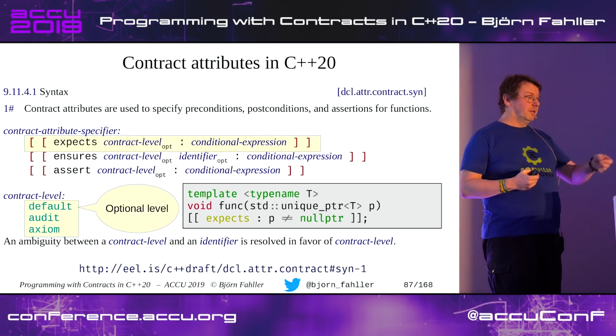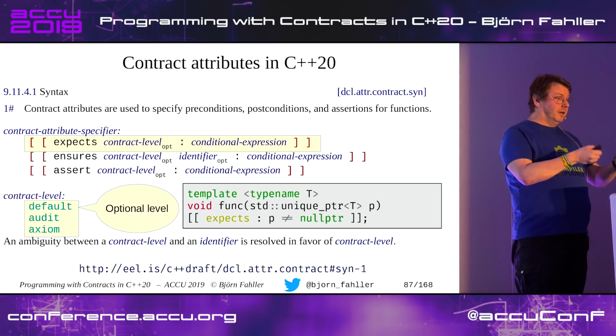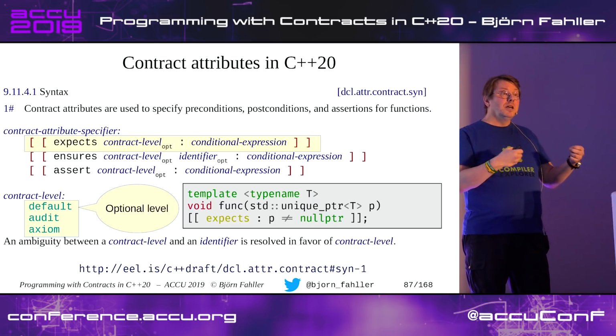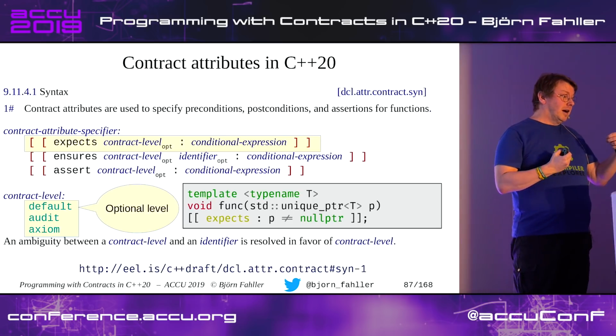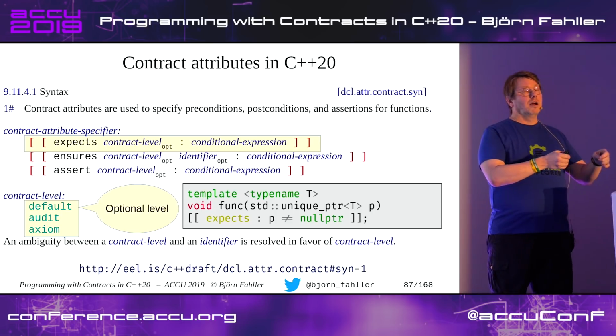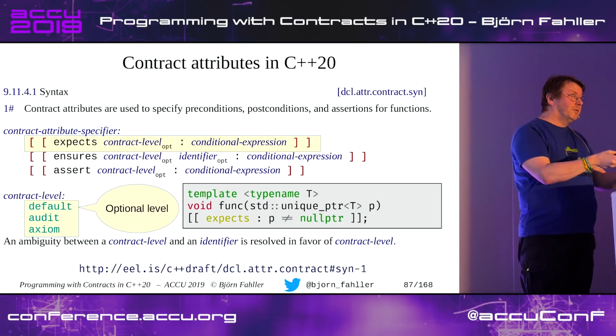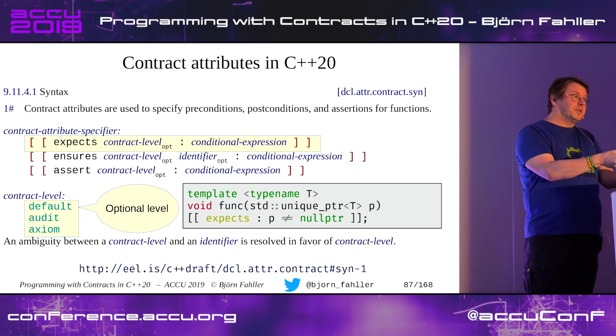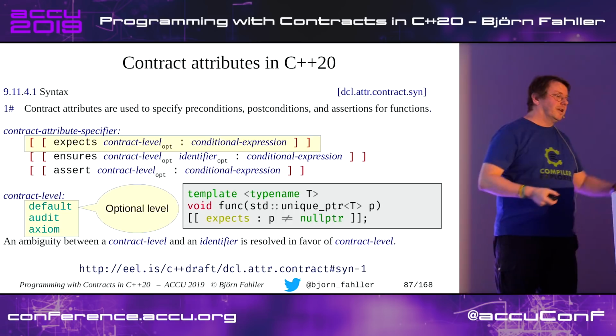They are checked in default builds. So audit are meant for more expensive checks. So if you have audit checks, audit contracts checked, then default contracts are also checked. So you have different levels there.